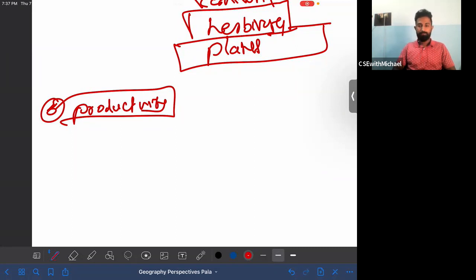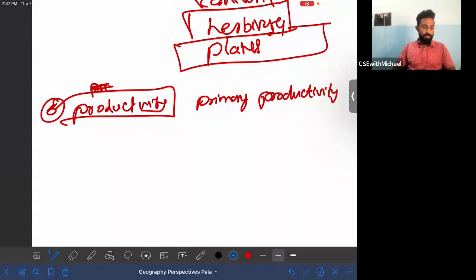Primary productivity refers to the rate of growth of energy, or organic matter per unit time, by autotrophs at trophic level 1.